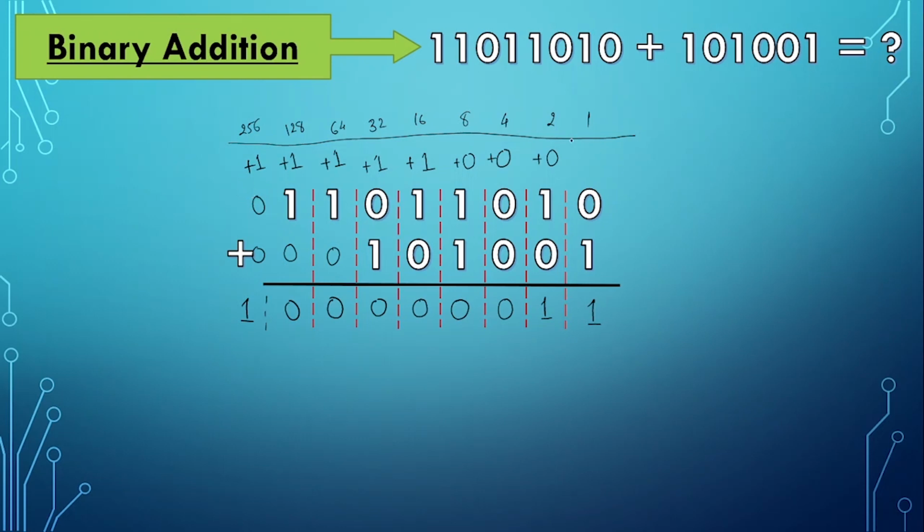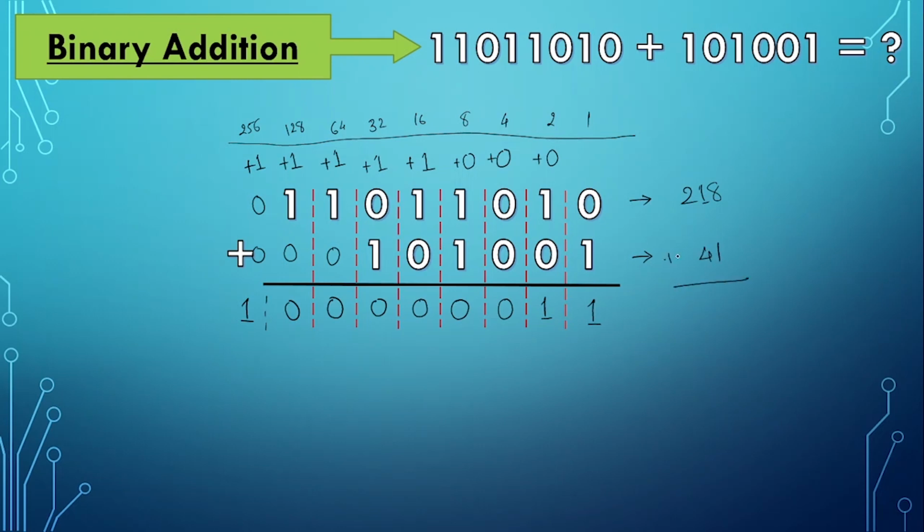Okay, so the first binary number is equivalent to 2 plus 8, 10, plus 16, so 26, plus 64, that is 90, plus 128, so the first number is 218. Okay, the second number is 1 plus 8, that is 9, plus 32, which is 41.